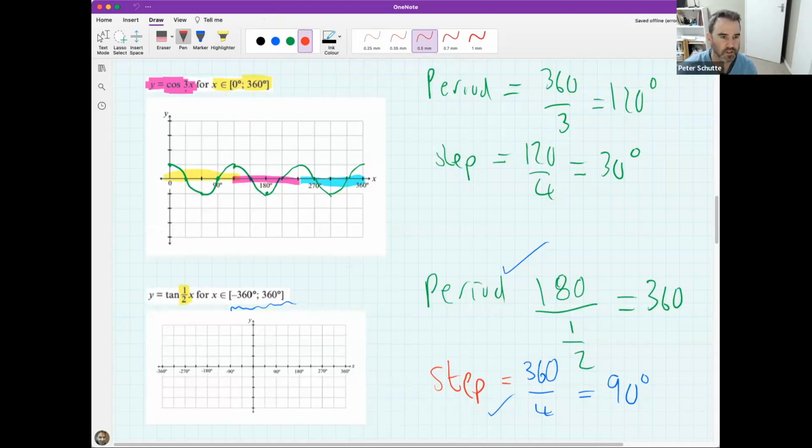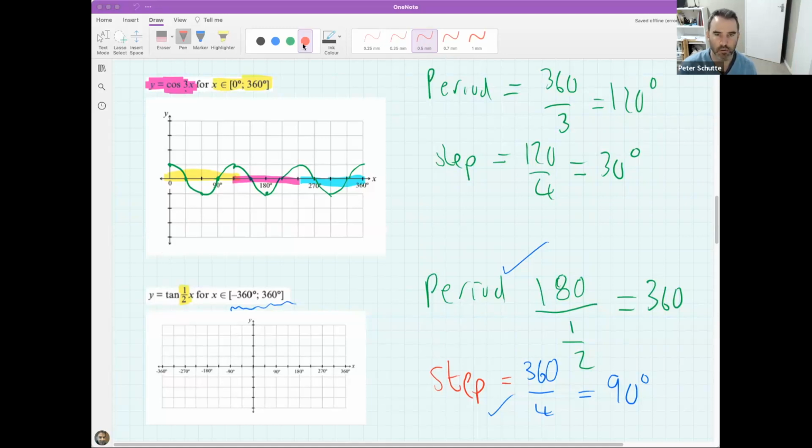So what am I going to put here? I'm going to put 1 0.5 or half alpha x close brackets, and then equals, start at minus 360, end at 360, step size is going to be 90.